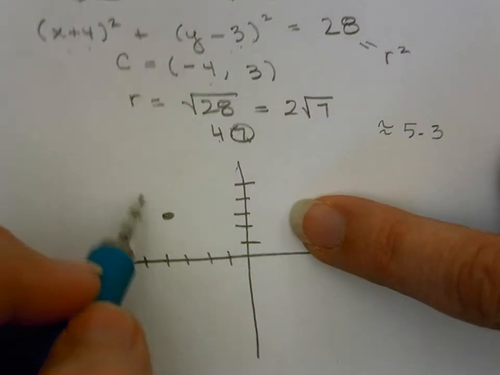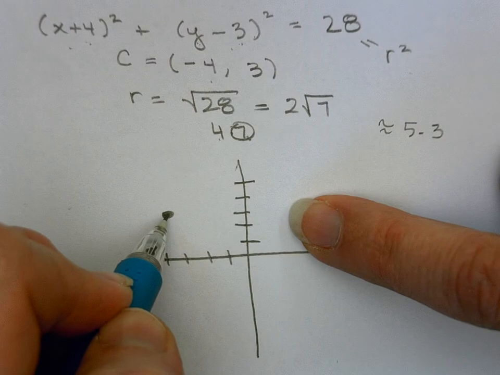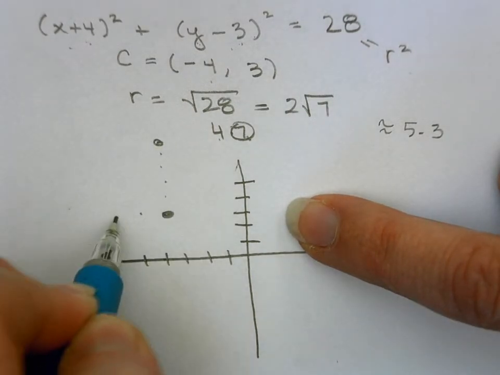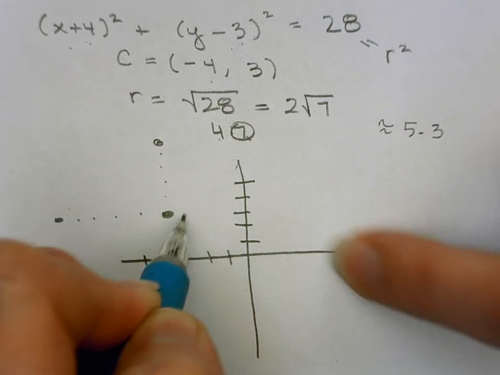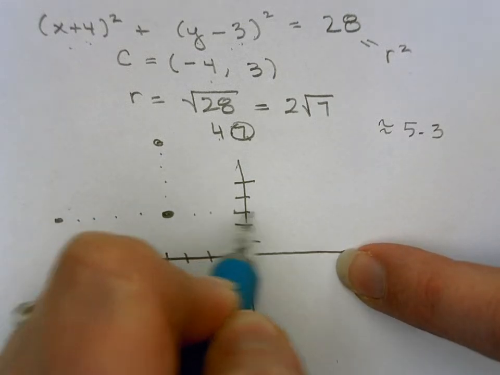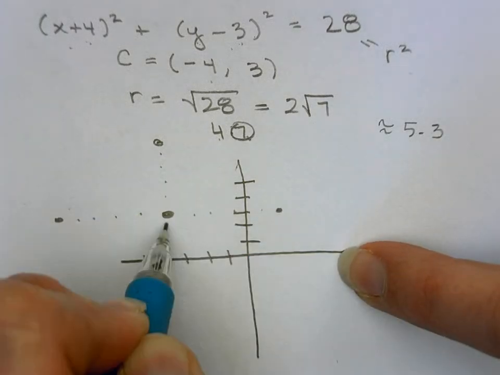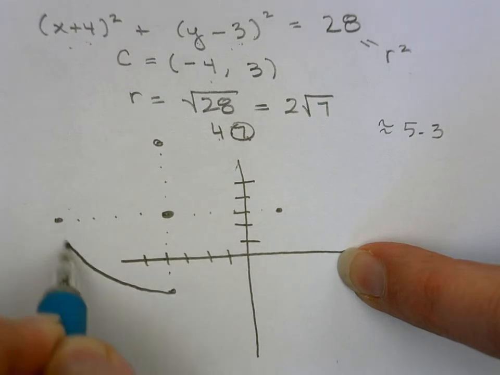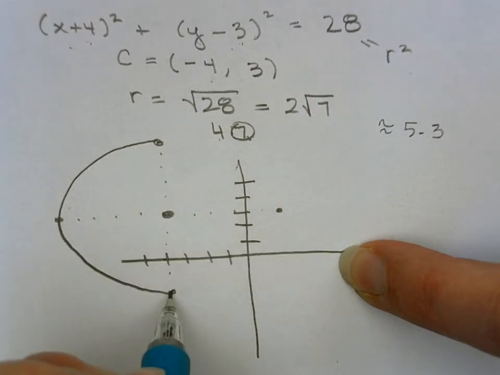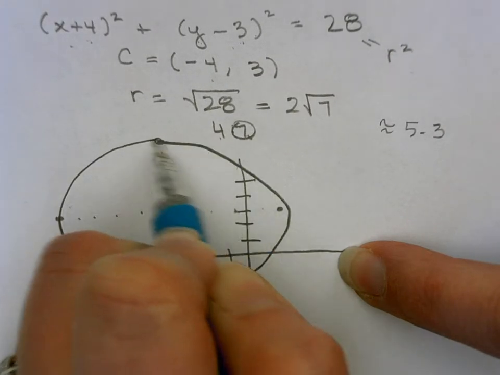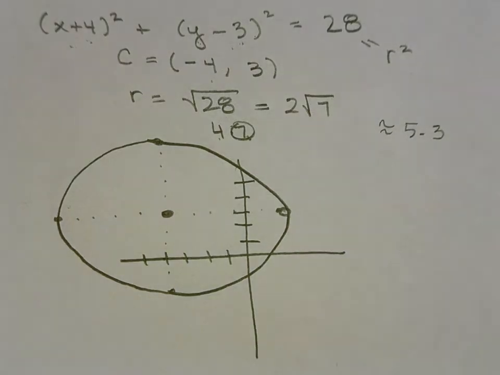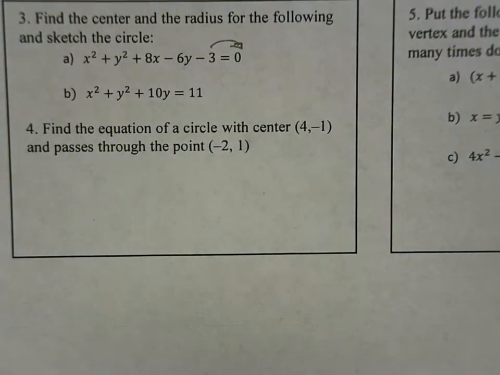So from my center, I'm going to go up 5, left 5, right 5, and down. Something like that, and then try to connect it so it looks roundish and I'm hitting all the dots. Okay? Alright, so that was 3A.